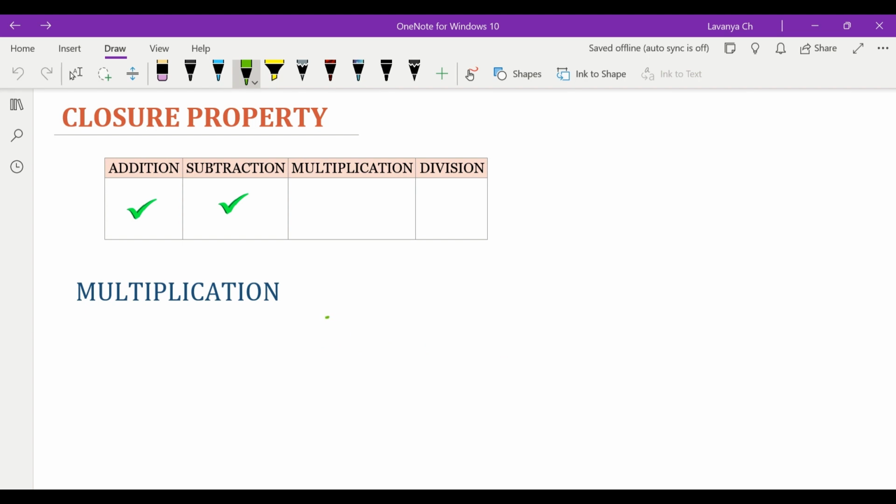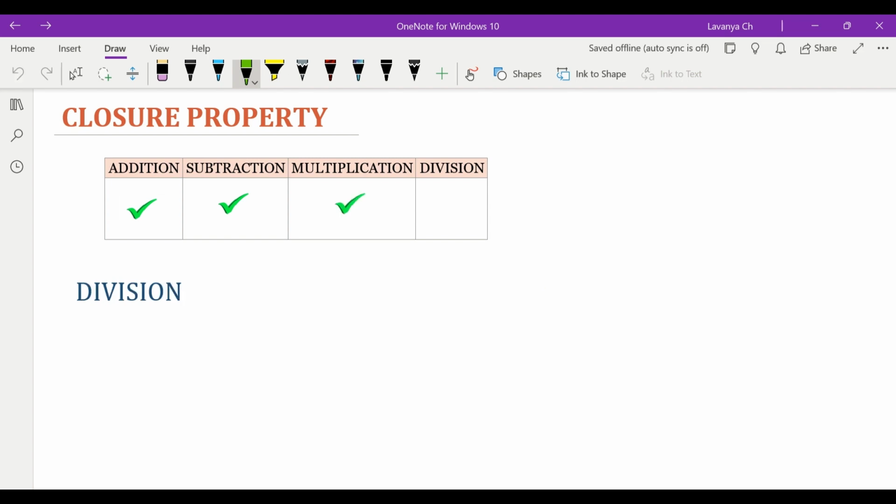Multiplication. Again we have negative 36 and 12. If we multiply these two integers, the product is negative 432, which is also an integer. Closure property also holds for multiplication of integers. Now let us check what happens in division.